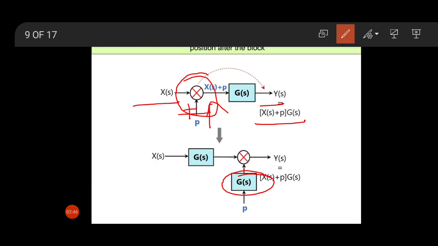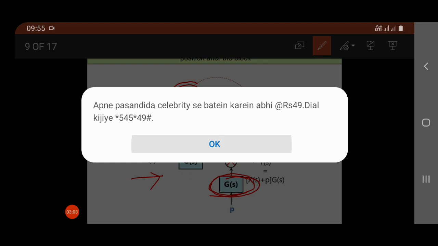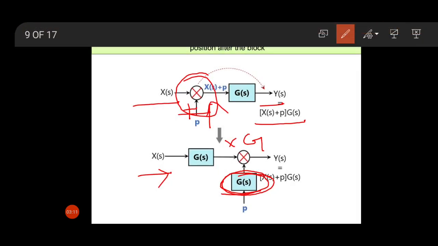So here the input is XS, and this X is multiplied with the gain block, and here we get XG. And here we add this block in the moving path. So the value coming to the summing point is P into G, and this PG is added here, the sign of the summing point is plus.